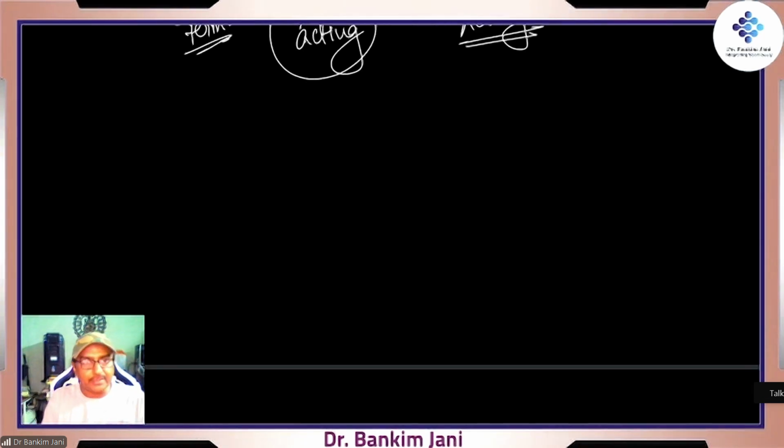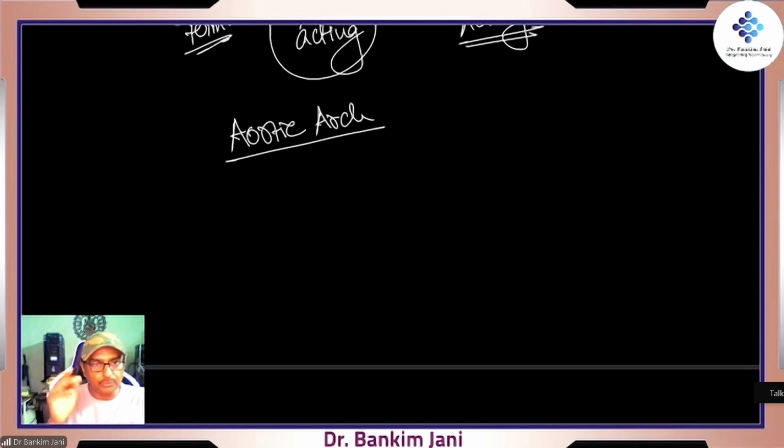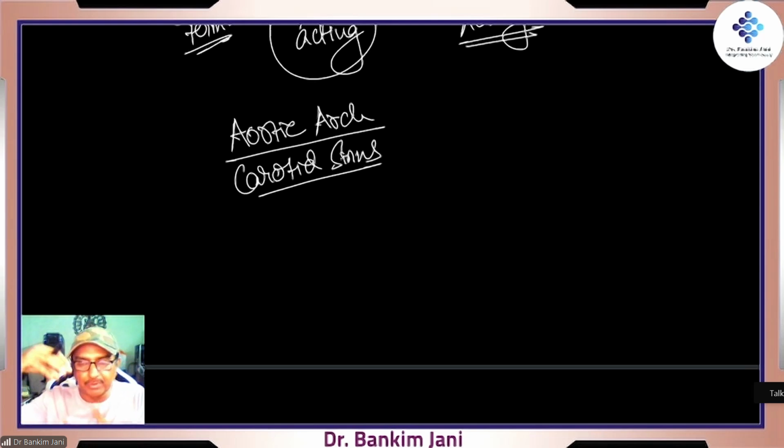So for fast acting, you know the aortic arch. You know the carotid sinus. Carotid sinus is nothing but the carotid artery, and there is a bulb. The artery is dilated at one point, which is called the carotid bulb.